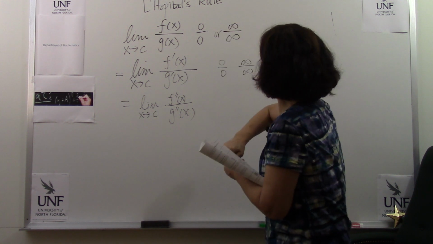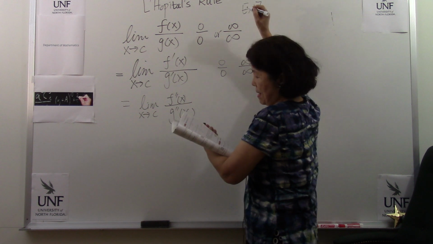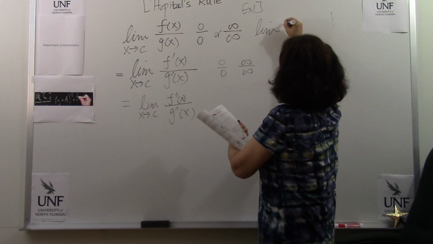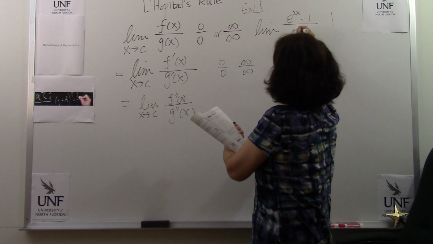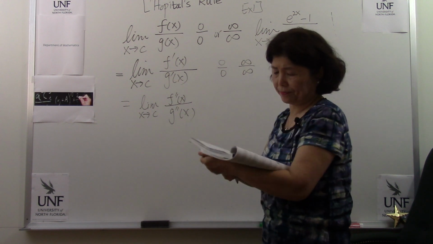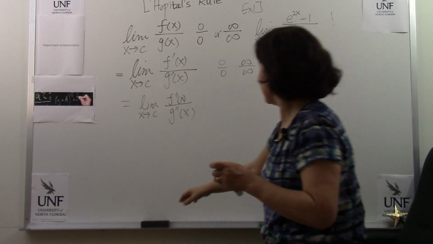Example 1. Evaluate the limit of e to the 2x minus 1 over x, as x goes to 0. Okay. How can you do this?